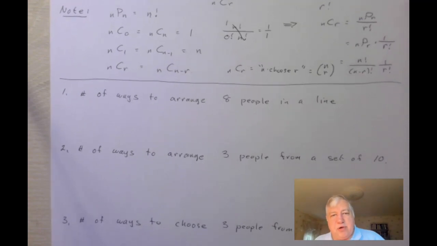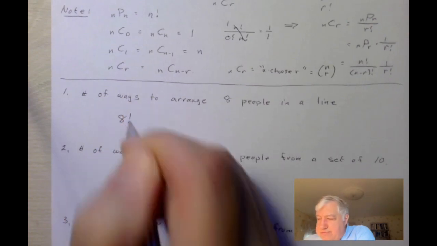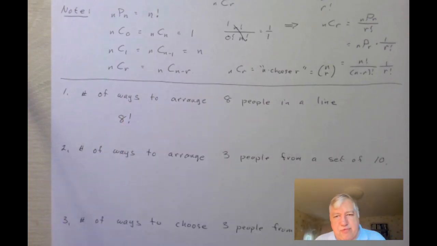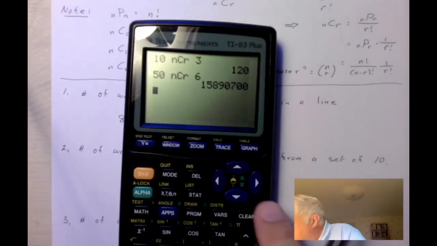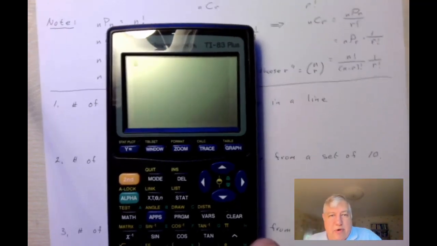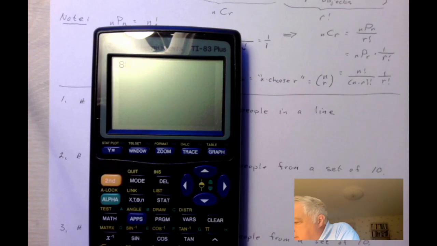Number of ways to arrange 8 people on a line. Well, that would just be 8 factorial. We could multiply this all out, but in our calculator we have a special way to do factorials. On the TI-83, I'll type 8, and we just need an exclamation point.